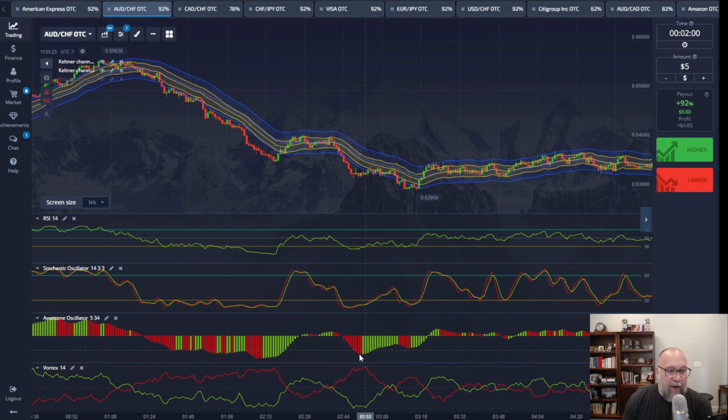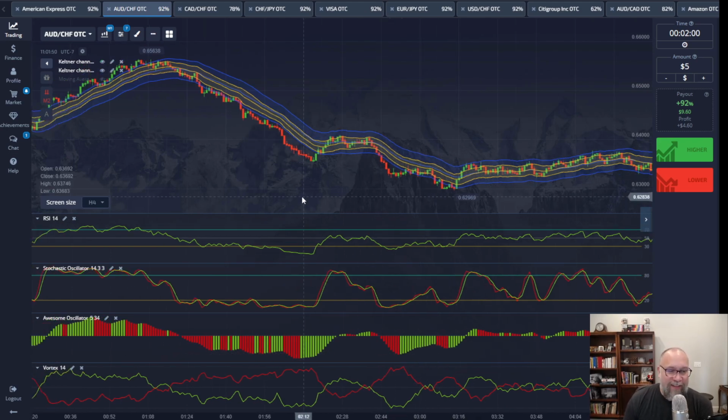This is probably a good example right here. If you see a bigger peak on the bottom and then a slightly shorter peak, if you drew a line right here, it's saying this is probably heading in that direction, so you could potentially bet higher. But the problem is, how long do you wait?